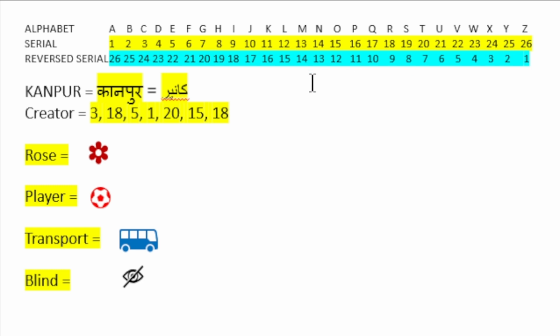And the other way, we can use them in descending order. That means we can provide 26 for A, 25 for B, 24 for C, and so on up to 1 for Z. So this is serial in increasing order, and this is reverse serial.